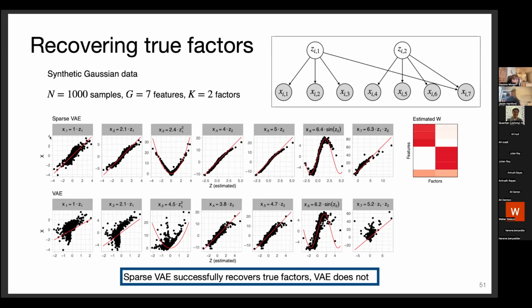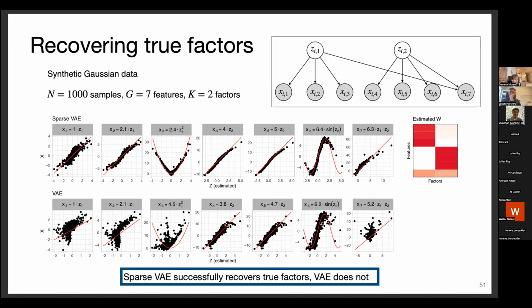So what we find is that the sparsity does a nice job at getting at these latent factors and then the mapping as well. Plotting the observed data versus our learned factors, we're replicating the structure in the true model.